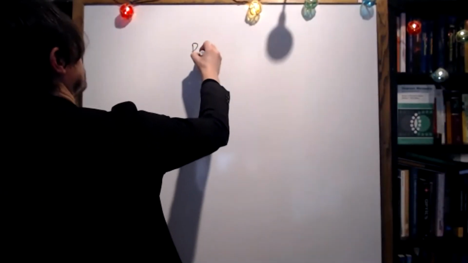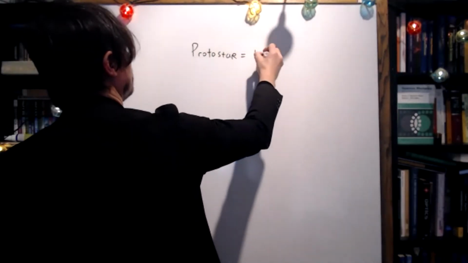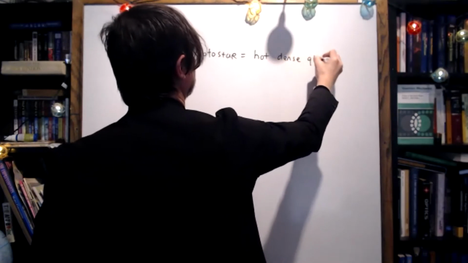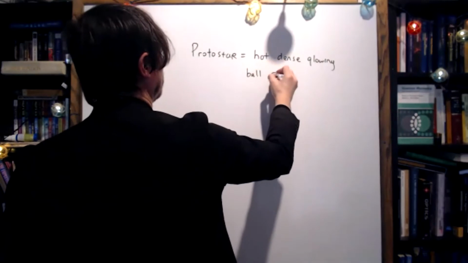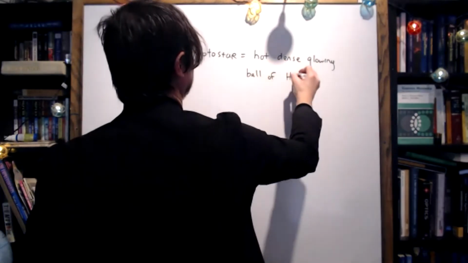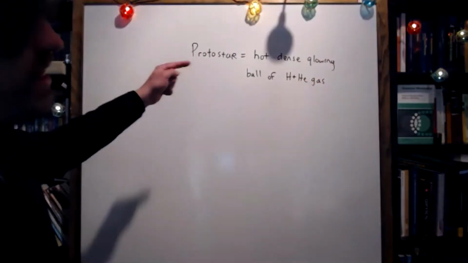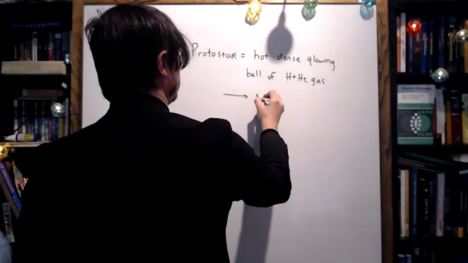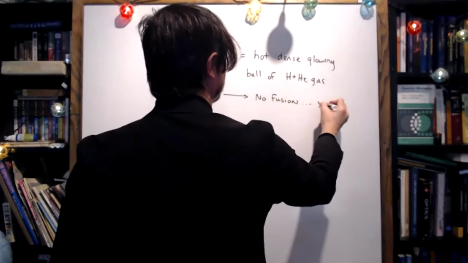Let's make a typical diagram of a protostar. A protostar is a hot, dense, glowing ball of, well, usually hydrogen and helium gas. The key thing that makes a protostar not a star, which we've just discovered, is no fusion yet.